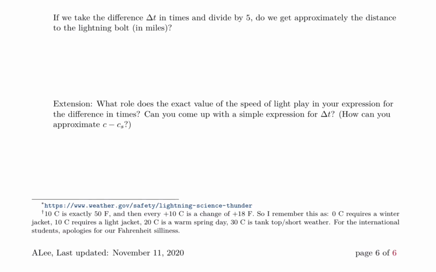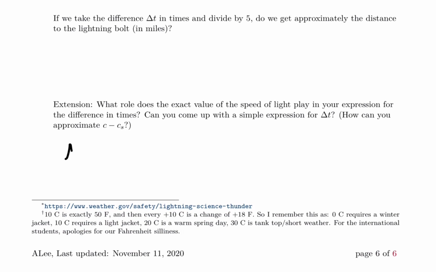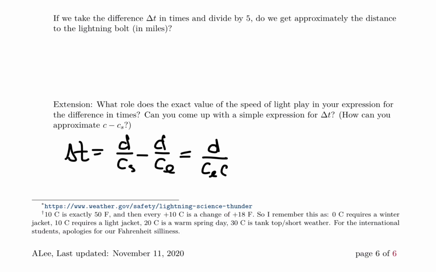And this was just a comment on what I just said. The delta t, the difference in the two times, is essentially the distance divided by the speed of sound minus the distance divided by the speed of light, which is the same thing as the distance divided by the speed of light times speed of sound, multiplied by the speed of light minus the speed of sound. But this thing in parentheses is essentially just the speed of light, given how much faster the speed of light is.